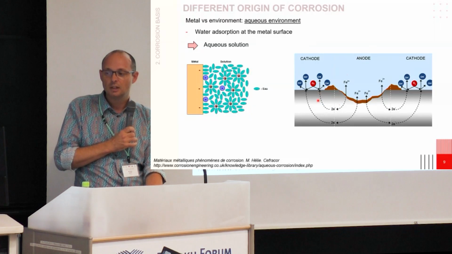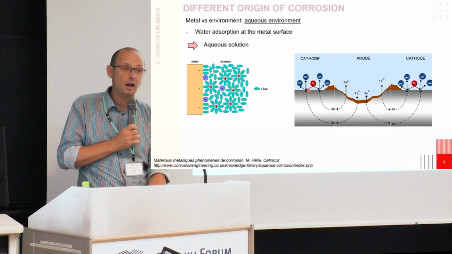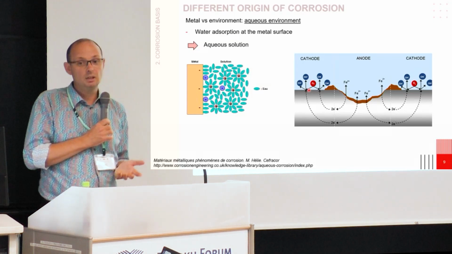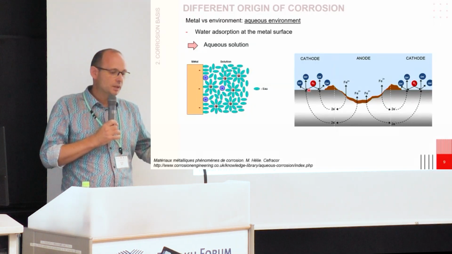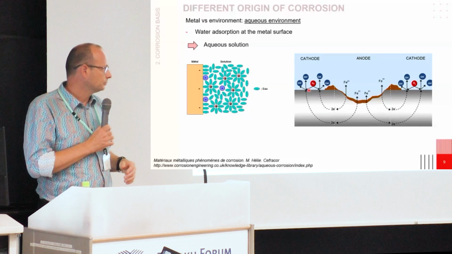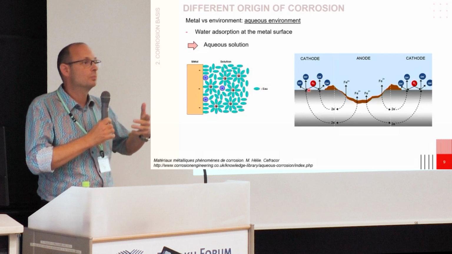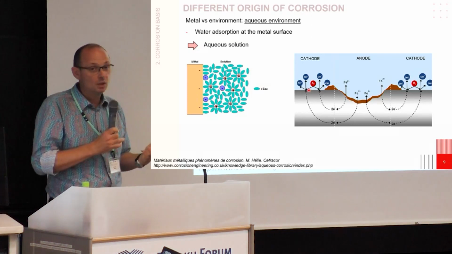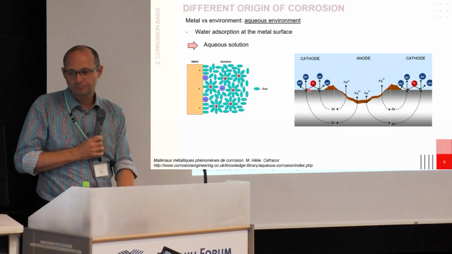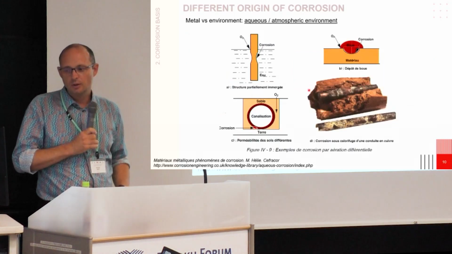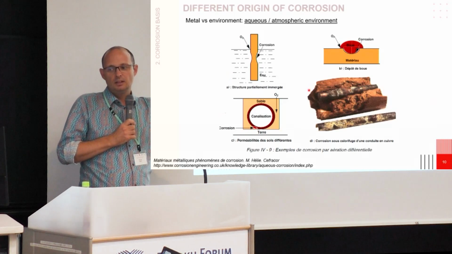This is the metal. The electrons come to the surface of the material, and they react with species in the solution, oxygen, and create other species. Here it's OH minus, and OH minus will also take part in chemical reactions, not electrochemical reactions.